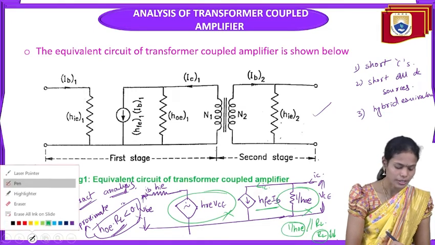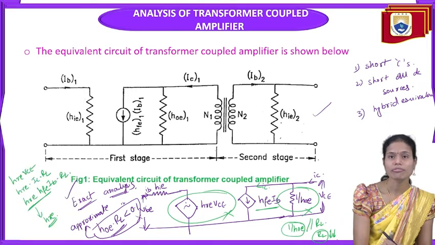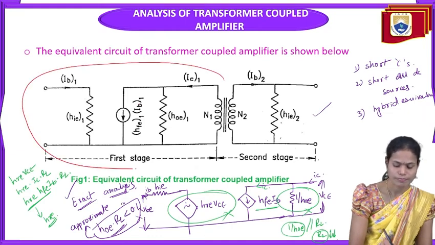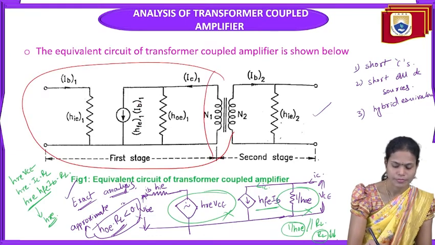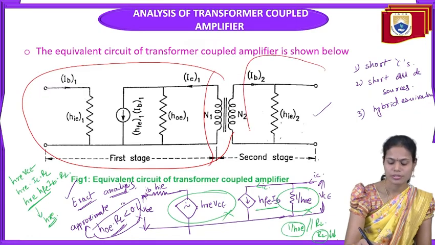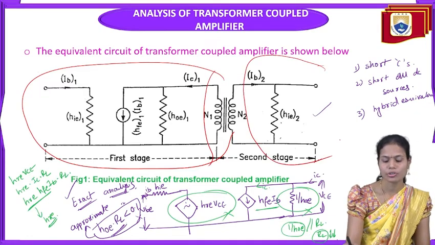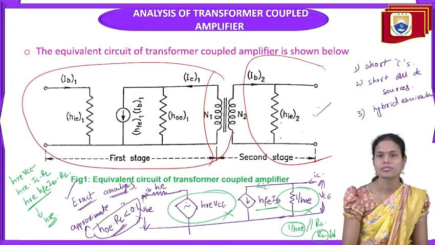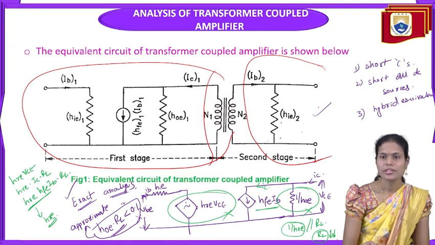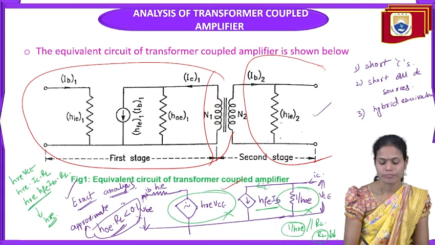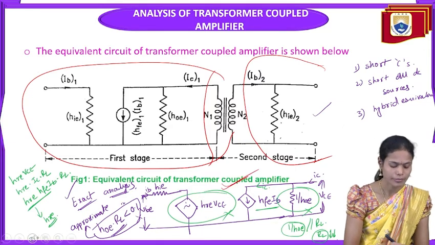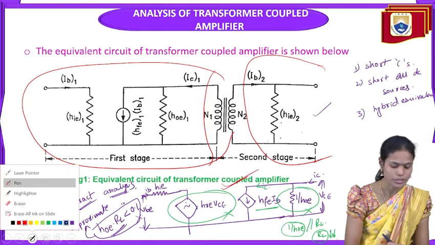So in the equivalent circuit, if we observe, this is the circuit for the first stage, and this is the circuit for the second stage. The same circuit from the first stage will repeat in the second stage, but instead of taking the total exact model, I am replacing it with the approximate model.